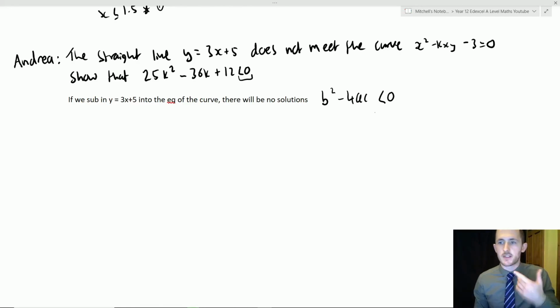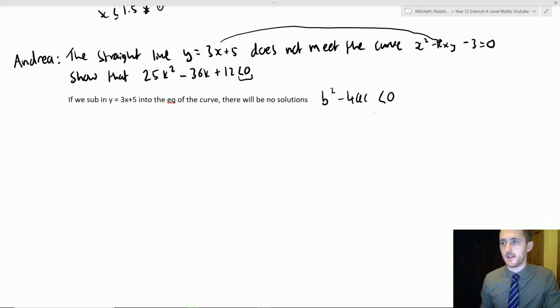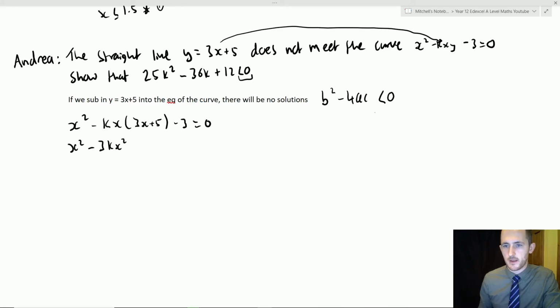Okay, so let's get started. First of all, we substitute this in to here, knowing that there's going to be no solution. So we have x squared minus kx times (3x plus 5) minus 3 equals 0. Now we're going to expand the brackets. x squared minus kx times 3x would be 3kx squared, minus 5kx minus 3 equals 0.